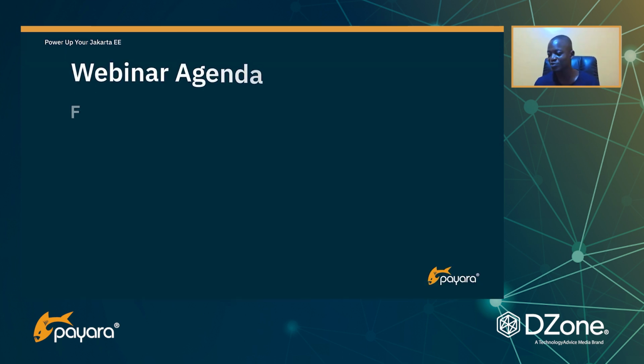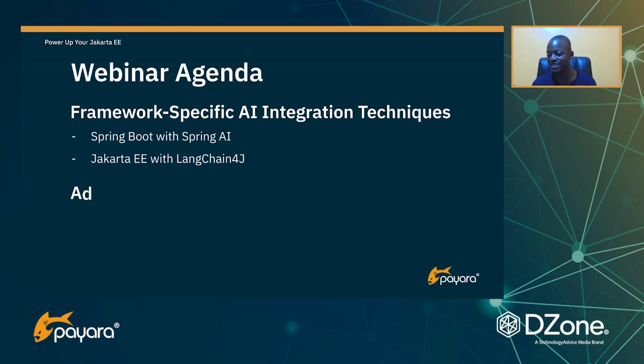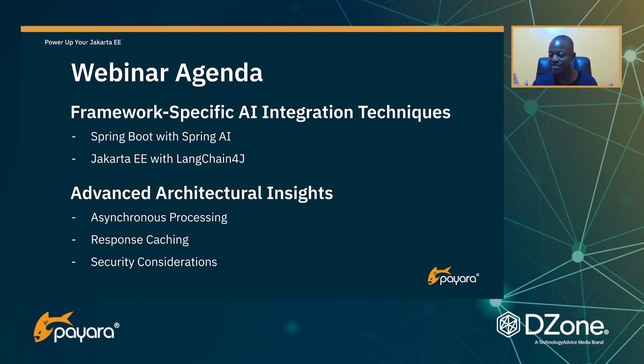Our agenda is going to be quite simple. We're going to split our discussion across the two main frameworks in the enterprise Java world, Spring Boot with AI and Jakarta EE with LangChain4J. And then we'll discuss briefly some advanced architectural notes on async processing, response caching, and security considerations.